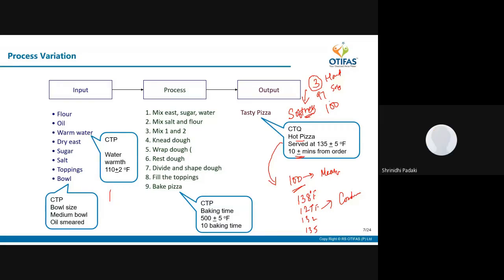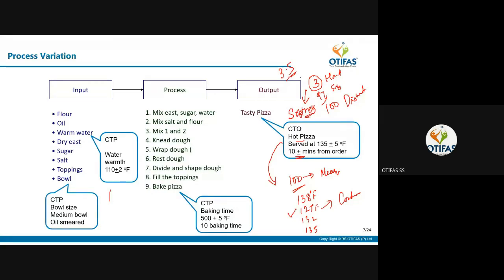Yes, sir, rejected. Now tell me, this 3 and 97, what type of data is it? Discrete. This data is the result of a count, but here, with temperature, it's the result of a measurement. So this is 3, and there cannot be 3.5 pizzas soft.